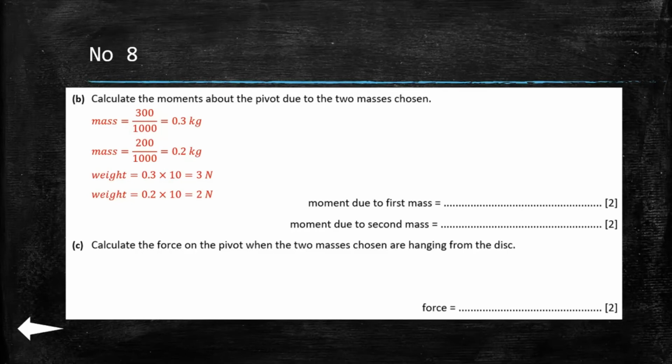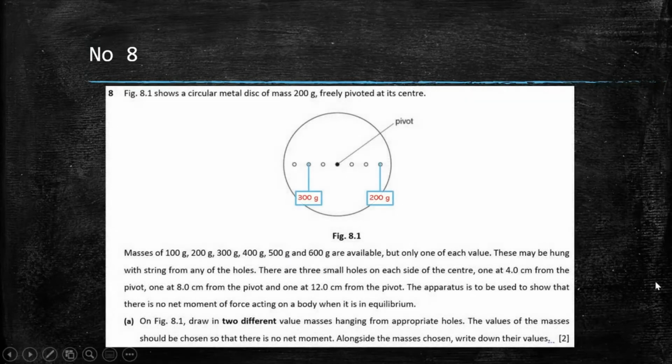We have to go back to the figure to see what the distances are for each weight. We can see here that the 300 gram is 2 holes away from the pivot. So, the distance of the 300 gram from the pivot is 8 centimeter. The 200 gram mass is 3 holes away from the pivot. So the distance of the 200 gram is 12 centimeter from the pivot.